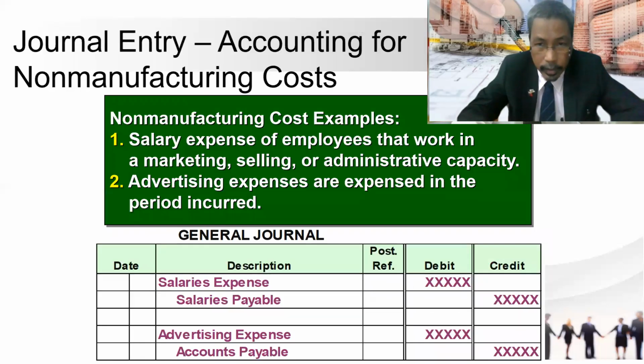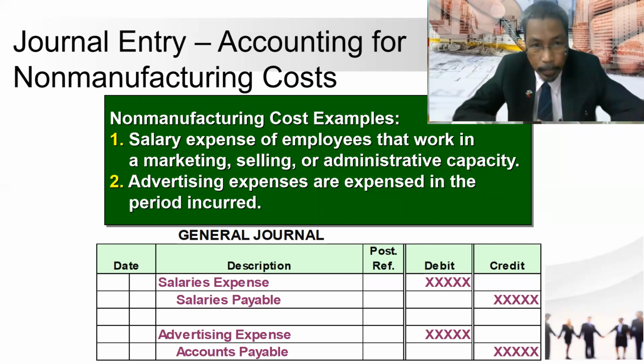So another example, a different example, a non-manufacturing cost example. What are possible examples? Number one, salary expense of employees that work in marketing, selling, or administrative capacity. These are overhead. Okay? This cannot be attributed to a product, but they are overhead. So salaries expense, debit, salaries payable, credit.